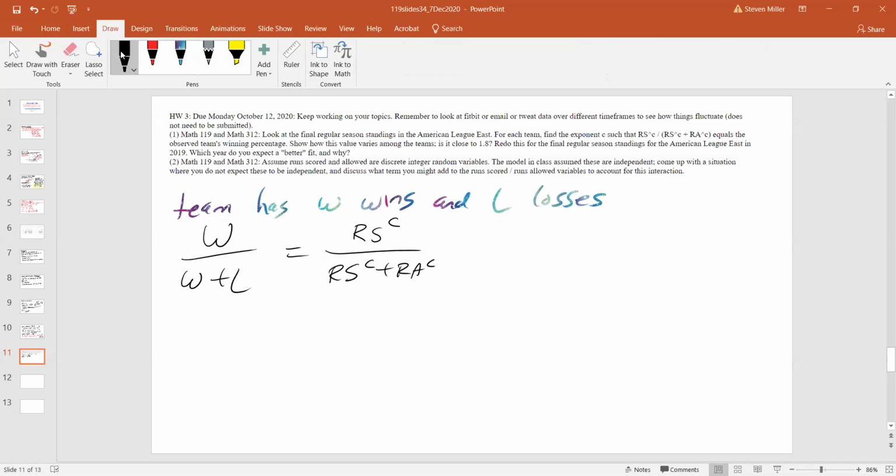The first is to think, what do we know? Well, we know the wins and we know the losses, and we know the average runs scored and the average runs allowed. So the only thing that we don't know is C. So we have one equation in one variable. Unfortunately, it's a nasty equation. And so the question is, how could we solve this? Well, we have two methods we could use. We could use divide and conquer.